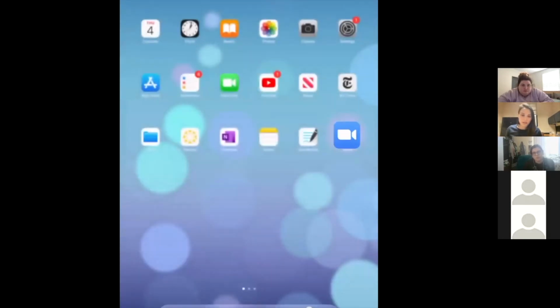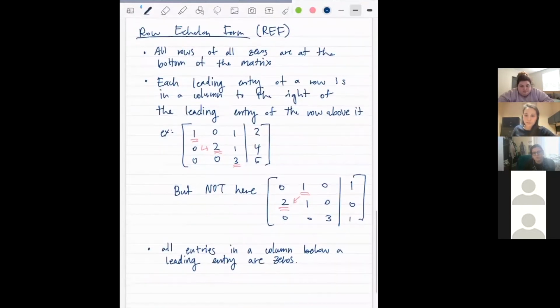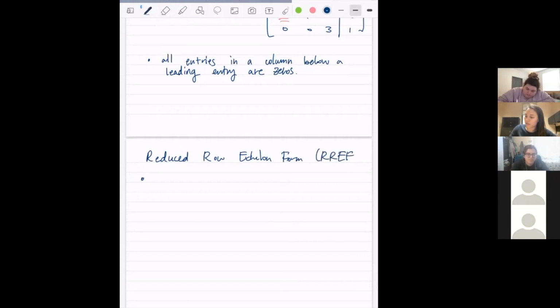Okay. So that is the row echelon form. And then we had the reduced row echelon form. I'll write this out this time, and then I'm going to start using the abbreviation RREF for reduced row echelon form, okay?